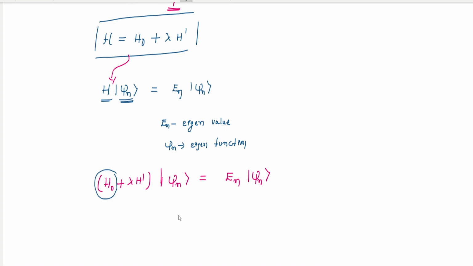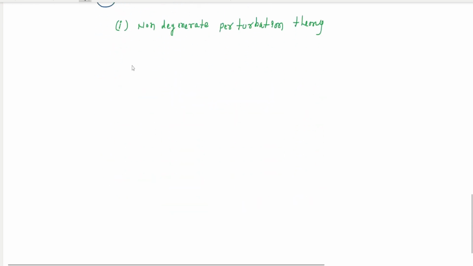It is further divided into two types. One is non-degenerate perturbation theory. Second is degenerate perturbation theory.